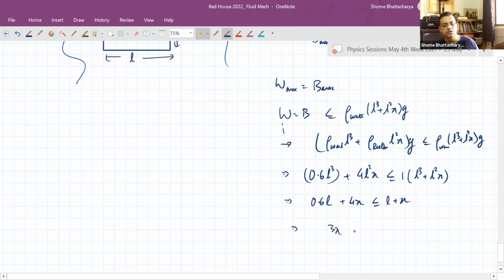So 3x should be less than equal to 0.4 L. So x should be less than equal to 0.4 by 3, or that is 2 by 15 L.